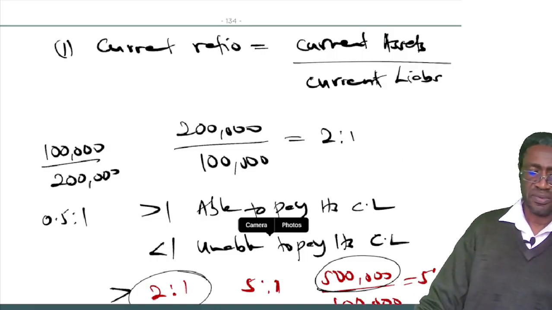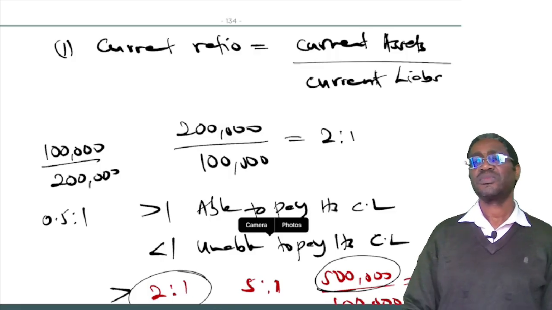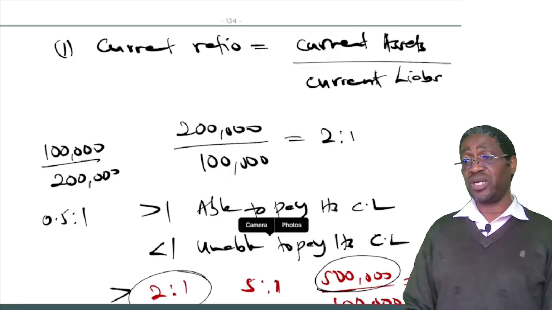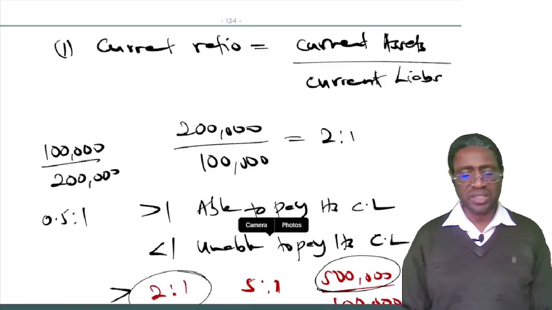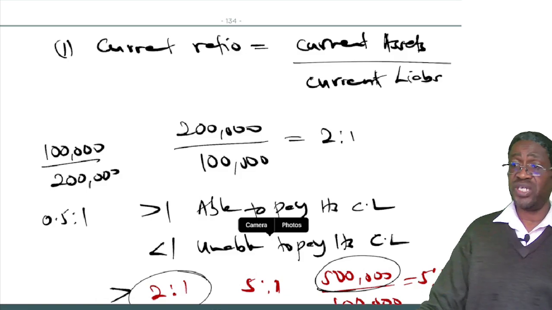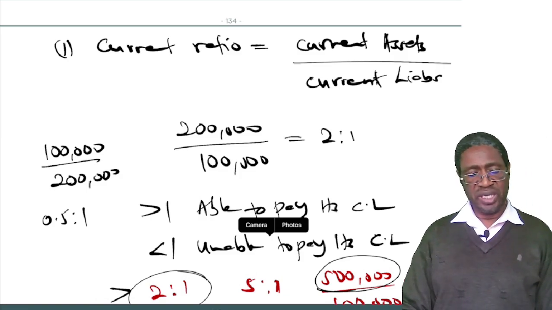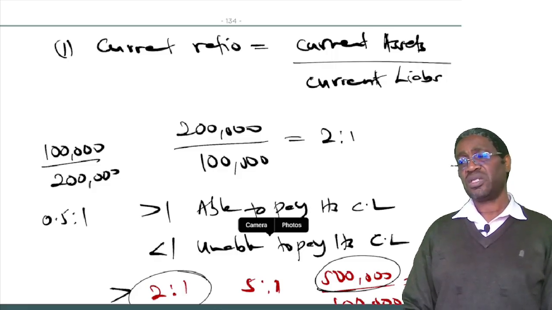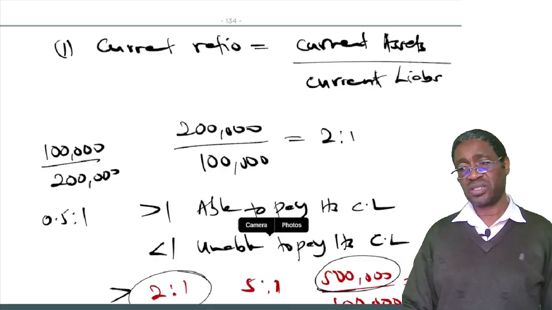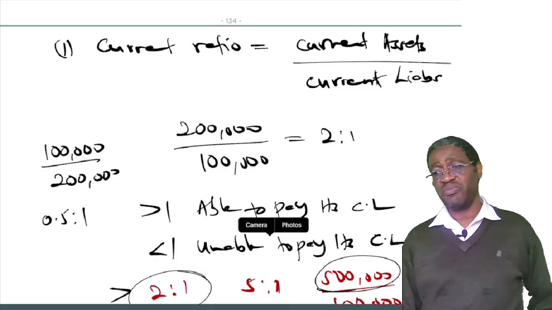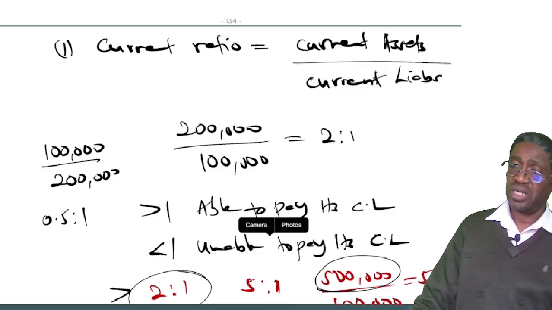Another paragraph. Any ratio greater than 1 means that the firm is able to repay its current liabilities.